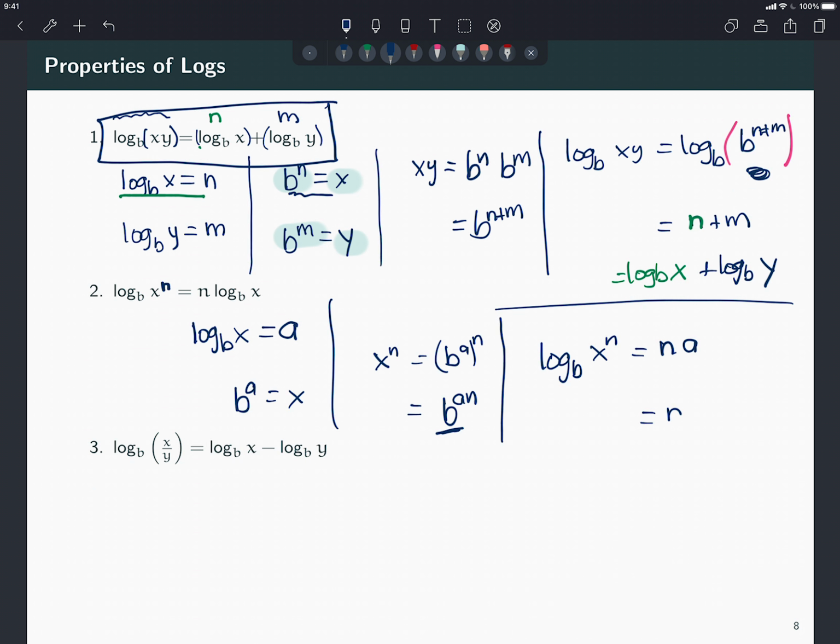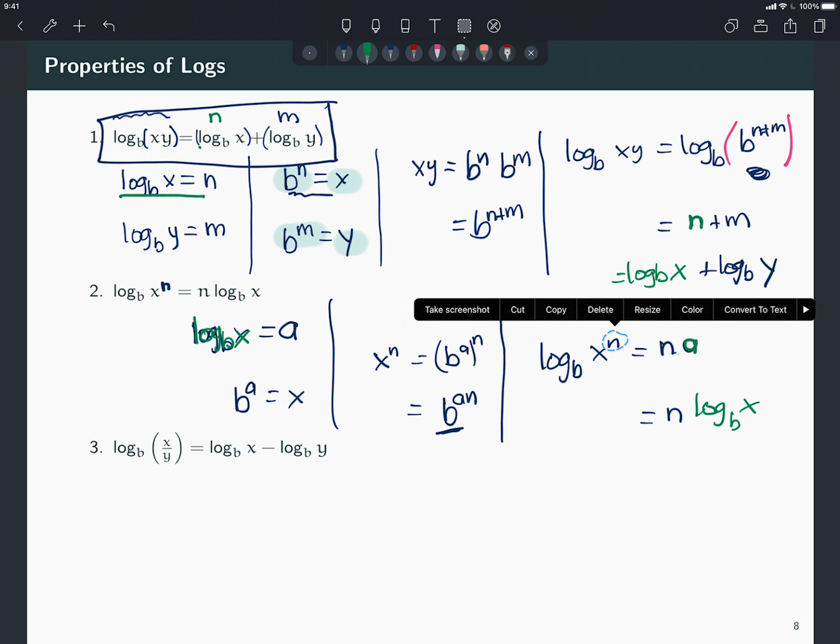Because the quantity a was precisely the log base b of x. So there we go. We see this in practice as saying the log base b of x to the n, that n comes in front, and it's n times the log base b of x, right? So that's the property that we're going to use a lot for solving equations.